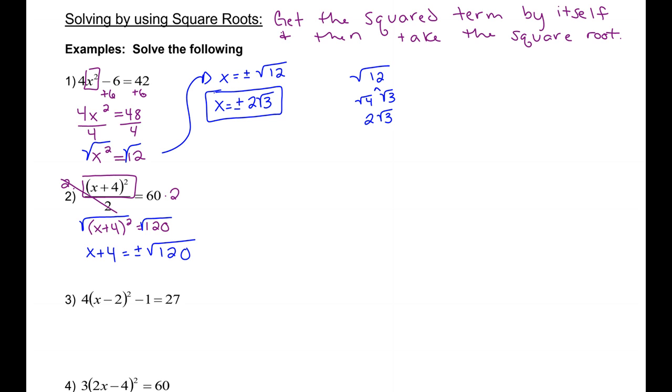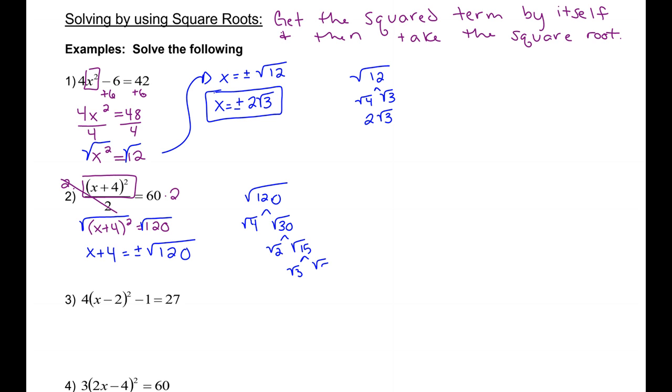And I need to simplify the square root of 120. So 120 I can break down to 4 times 30, and 30 can be broken down to 2 times 15, and then 3 times 5.